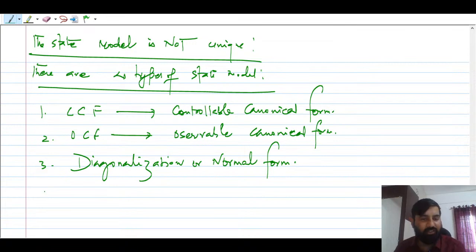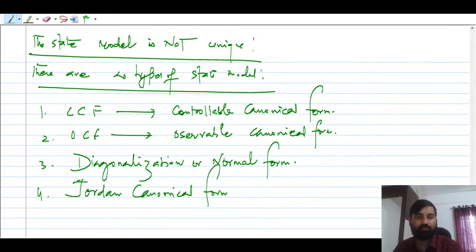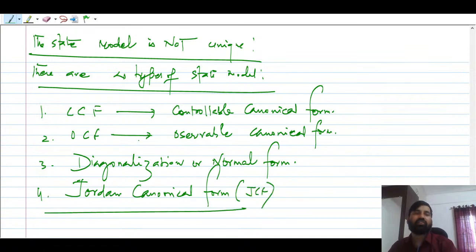And the third is the diagonalization form, or you can say normal form. And the fourth one is Jordan canonical form. We call it JCF. Okay, JCF. So CCF is obtained directly.